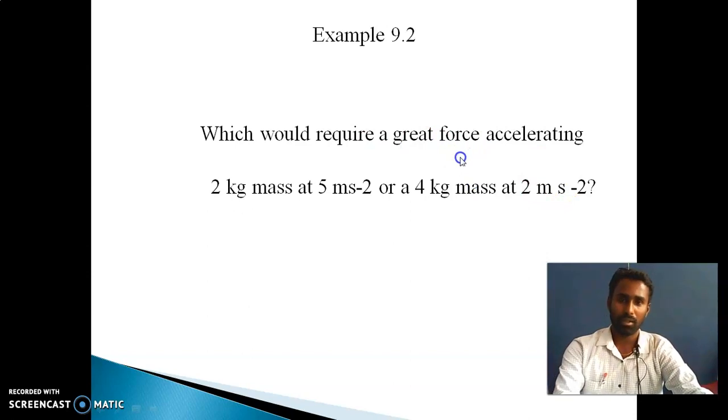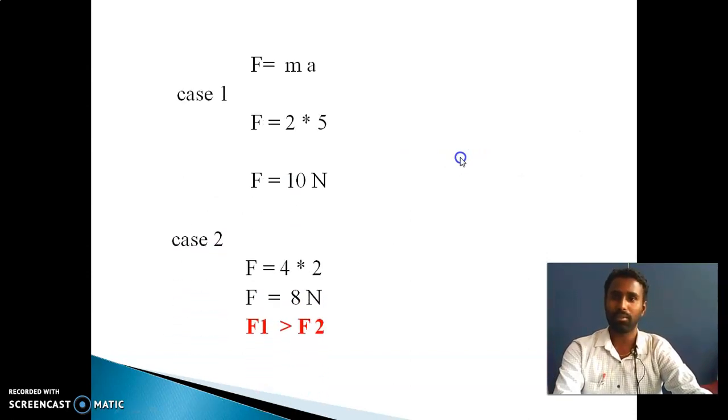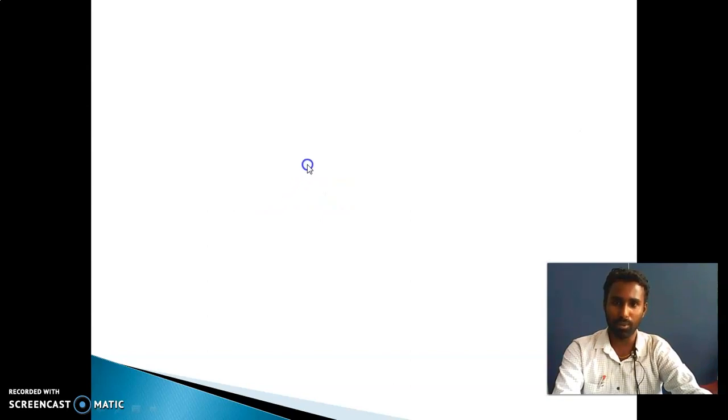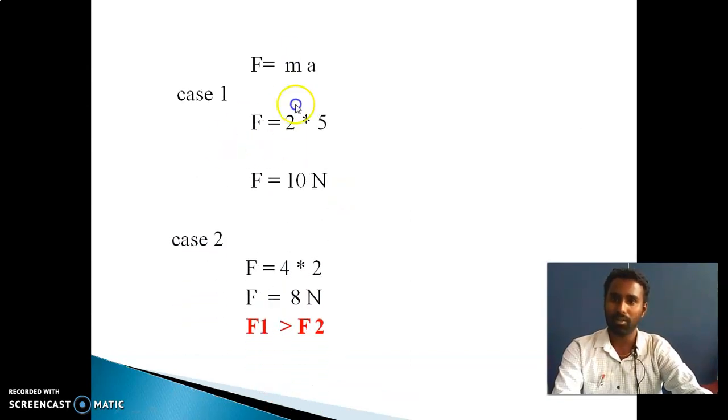Okay. So for that, in case 1, F equal to m into a, mass into acceleration. So what is the mass? 2 kg they gave. And acceleration equal to 5 meter second power minus 2. Let's substitute the values. Instead of mass, 2; instead of acceleration, 5. 2 into 5, 10.